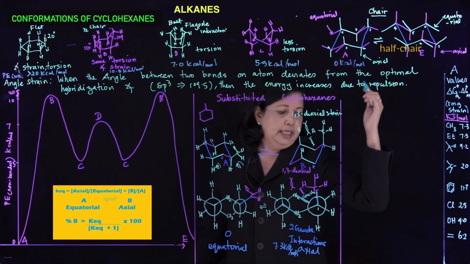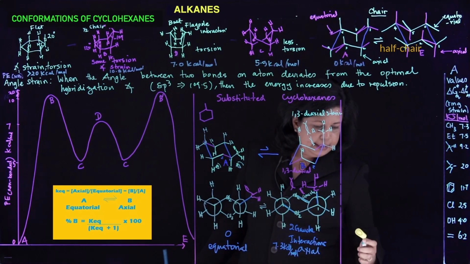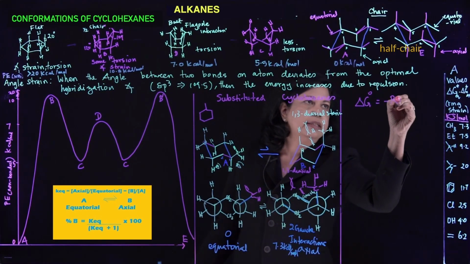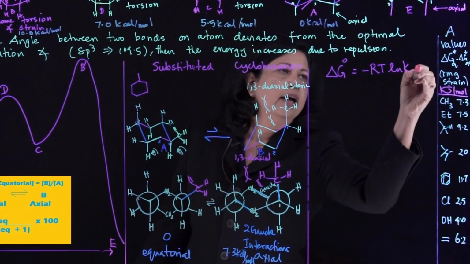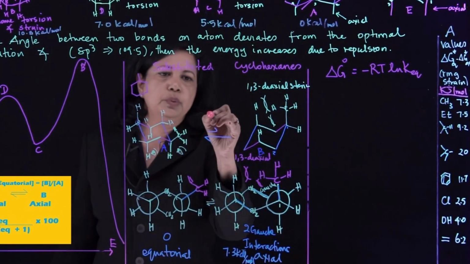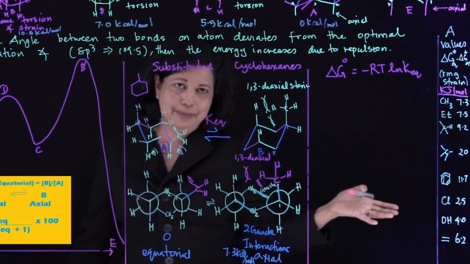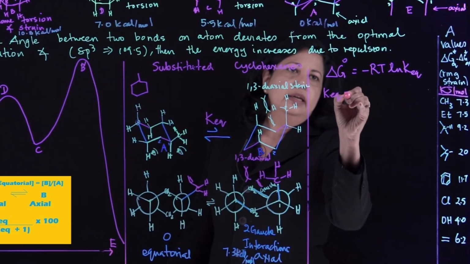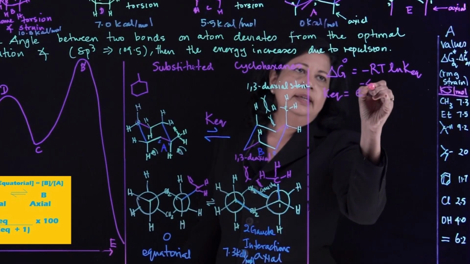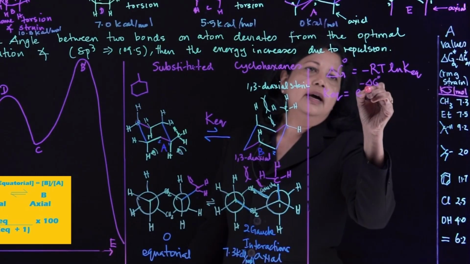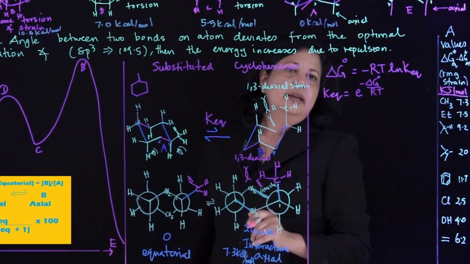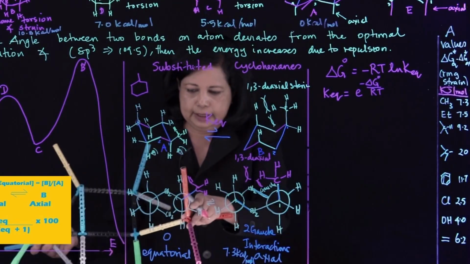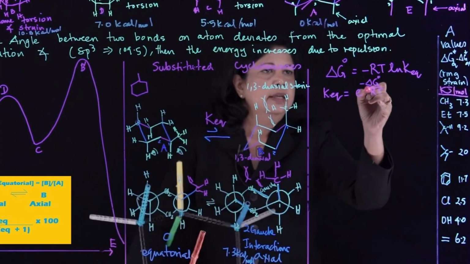We know from Gen Chem that delta G is minus RT ln K under standard conditions. K equilibrium is pretty much what we're trying to find here. So K equilibrium is going to be e to the negative delta G over RT. So we can put numbers in and calculate that.